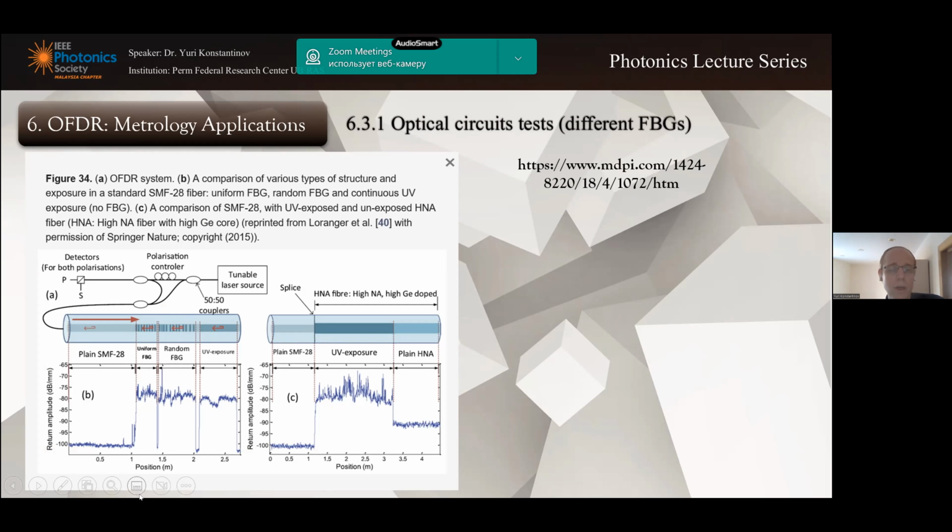It provides the quality of the signal within the grating. It is very important if the authors of this publication need to classify some gratings within the OFDR trace, and this is very important for this.